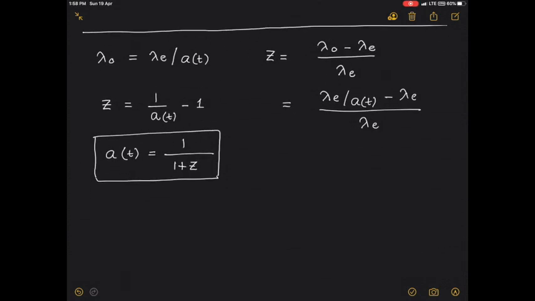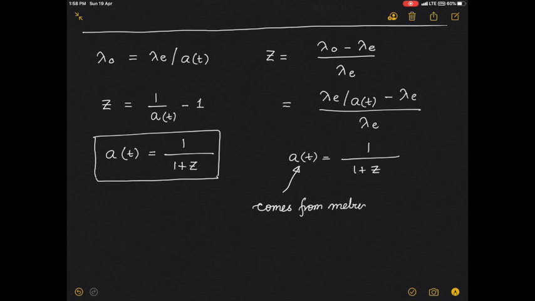Okay, so it's the relation between the scale factor, which comes from, so what is the origin of the scale factor? So let me write this relation again and tell you why it is important for cosmology. This comes from the metric.